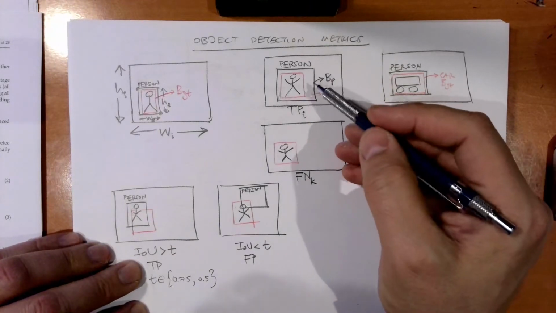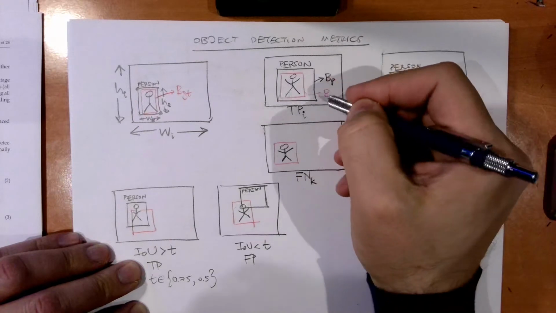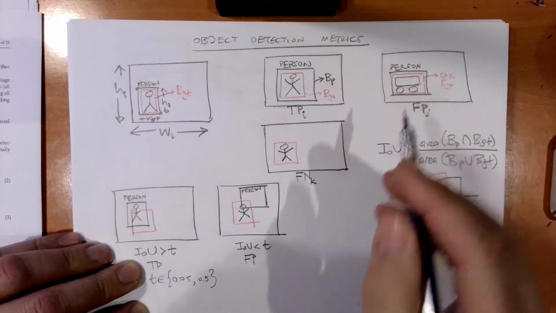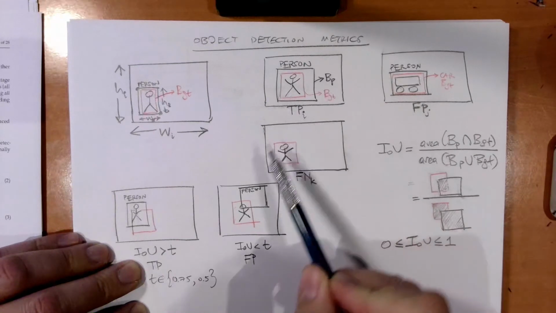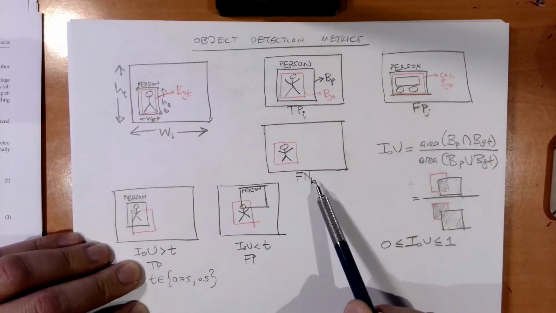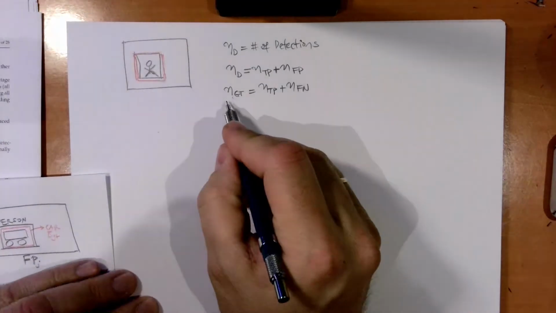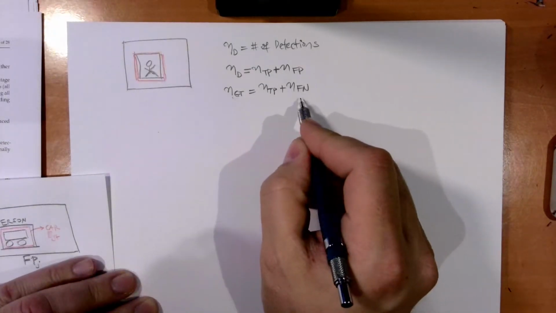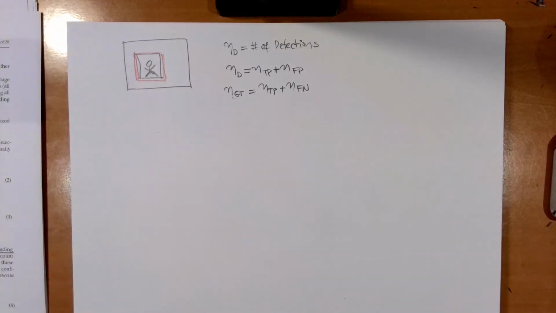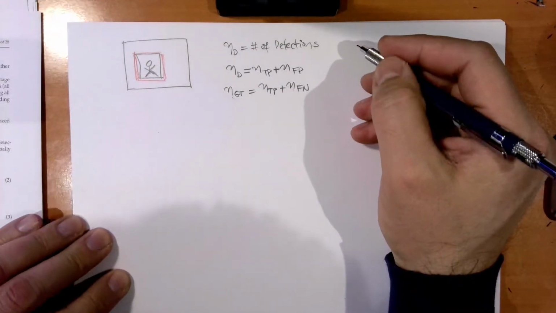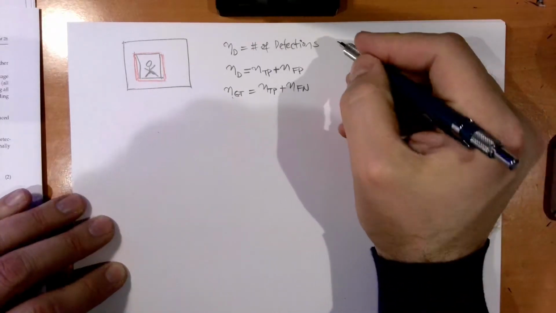As you can see here, for the class person, the number of ground truths that we have are the true positives plus the false negatives. So let's write down this equation as well. And we write it as NGT is equal to NTP plus NFN. Okay, and now we are able to go ahead and write down the precision and the recall.